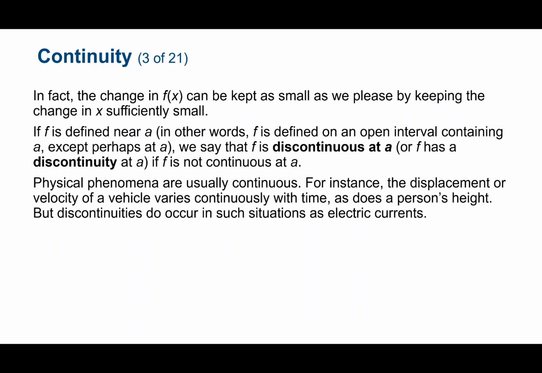What I'm saying there is that when you're driving in your car, you don't teleport. I don't have any way I can be standing over here and then teleport to the other side of the room. I have to actually walk over there, so I've got this smooth motion through time. Drawing that on the graph, we don't have to pick our pencil up. So lots of physical phenomena are continuous.